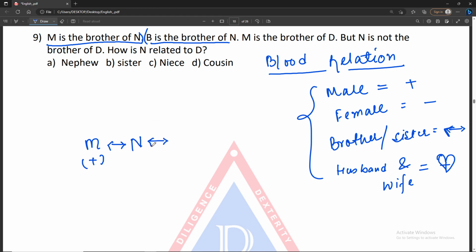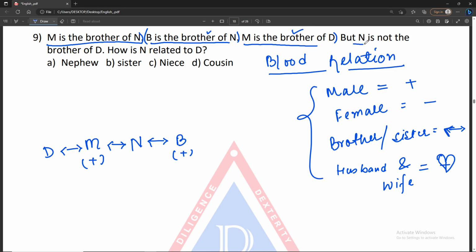See, again brother sign or the symbol. Second line is also completed. Third is given, M is the brother of D. M is the brother. See, M is the brother of D. Third statement is also completed.